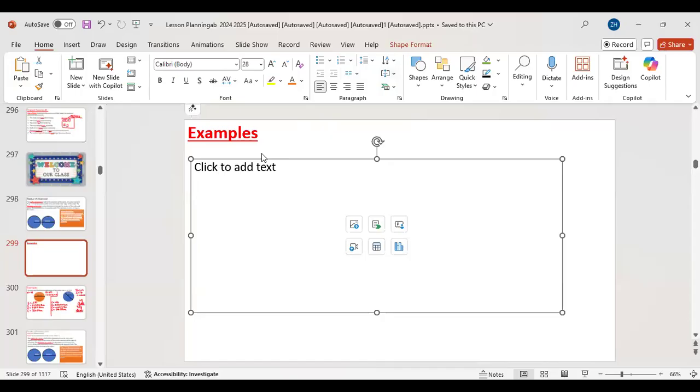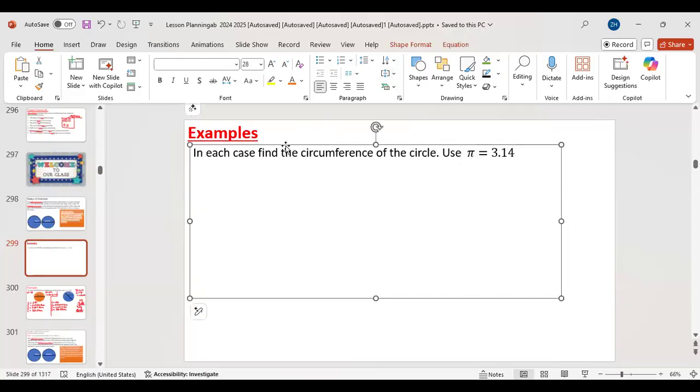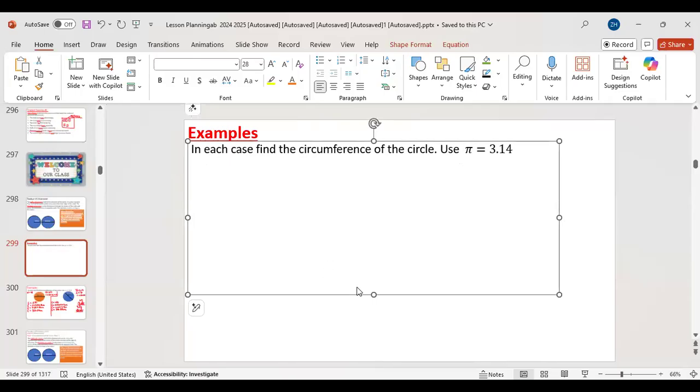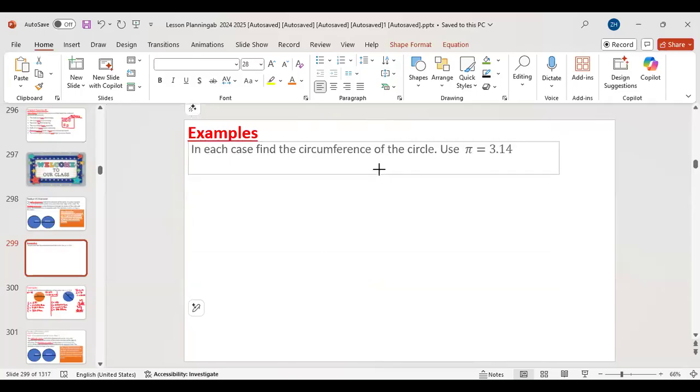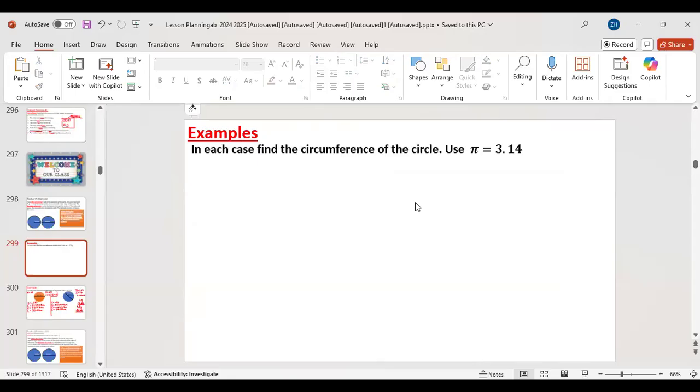I want you to write this down. In each case, I want you to use pi as 3.14.